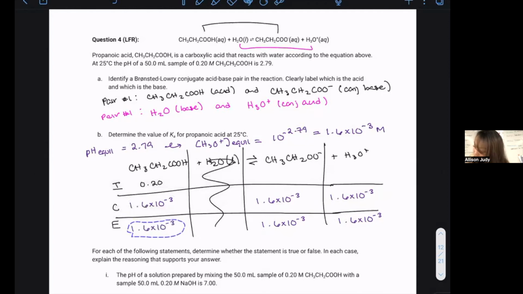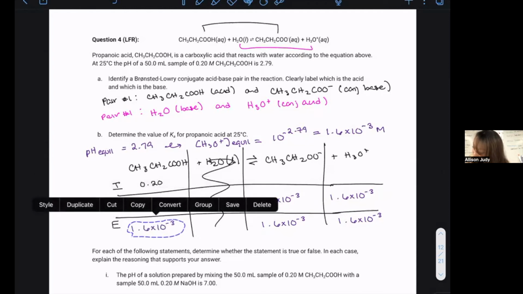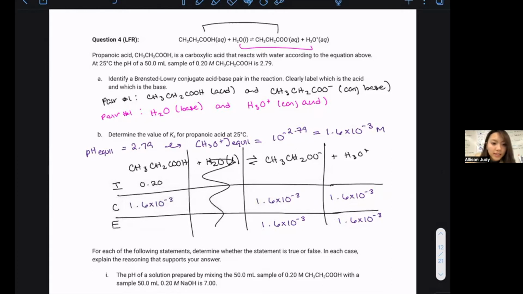And that means that when we do the math, let's see, 0.20 minus 0.0016.